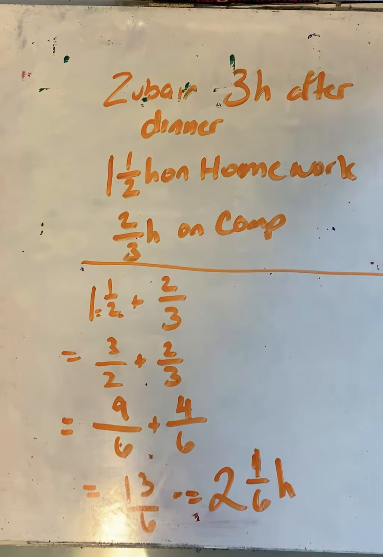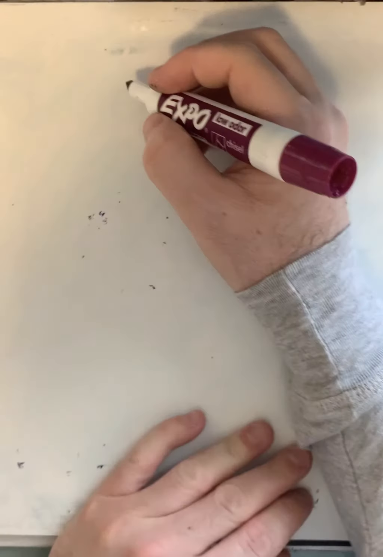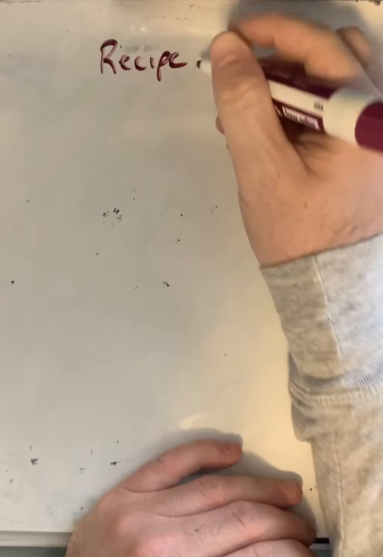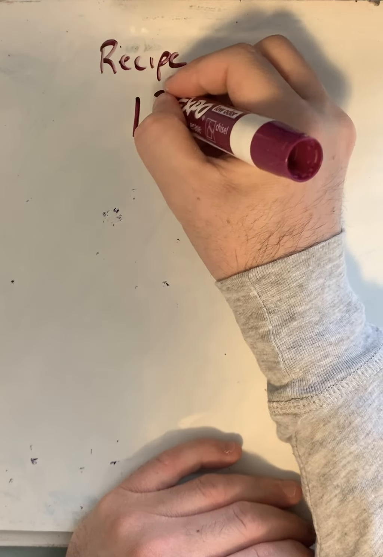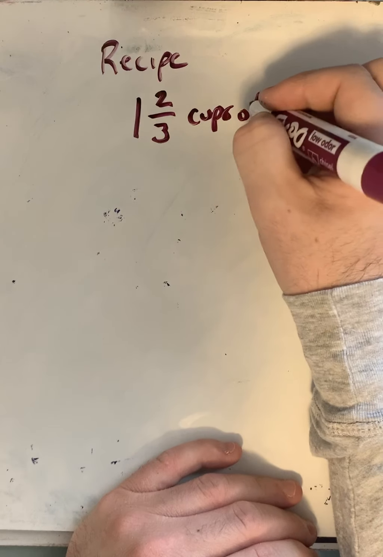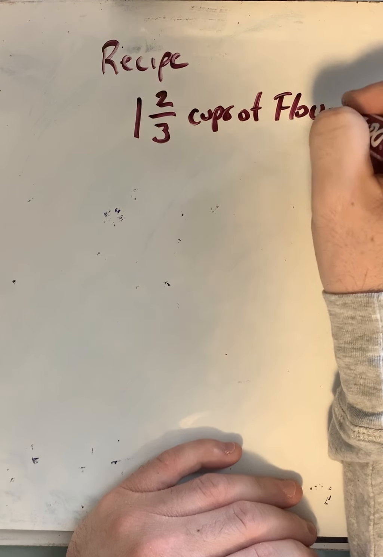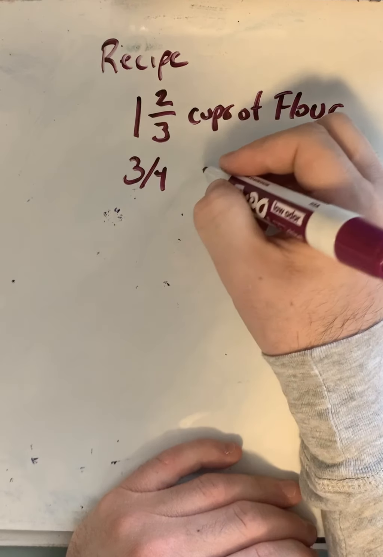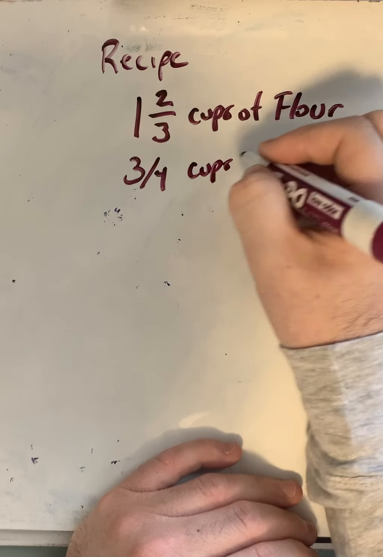So let's try one on your own now, just to see how you're feeling about it. So there's a recipe, and a recipe called for the following. It called for 1 2/3 cups of flour, and it called for 3/4 cups of sugar.